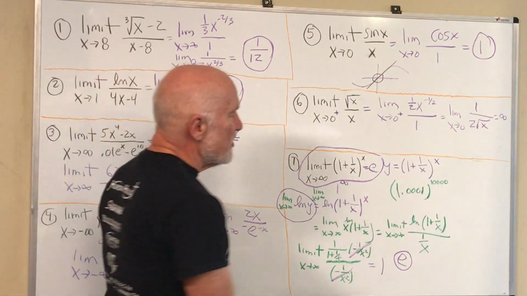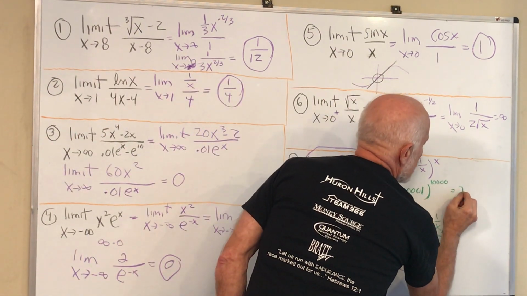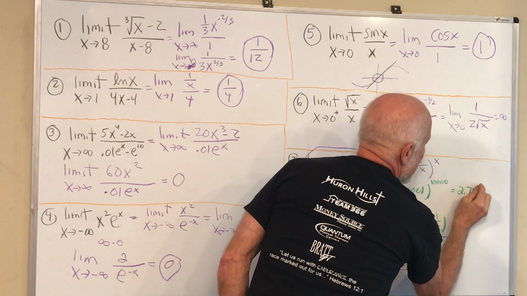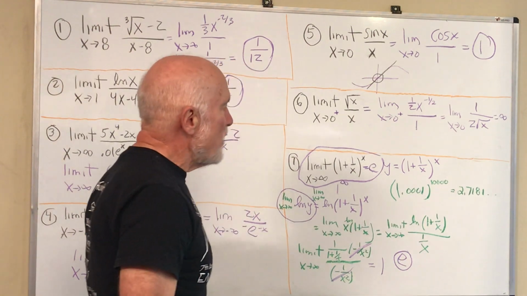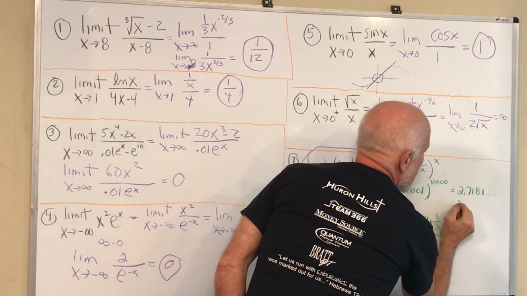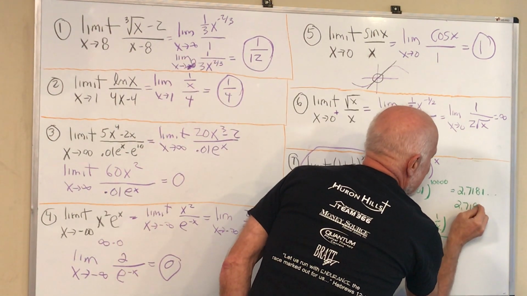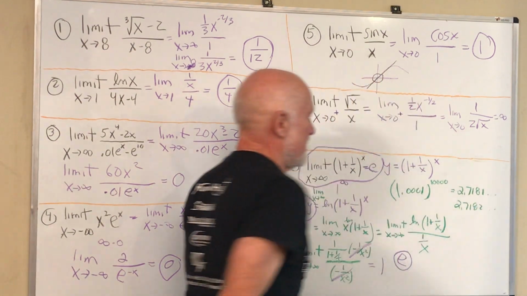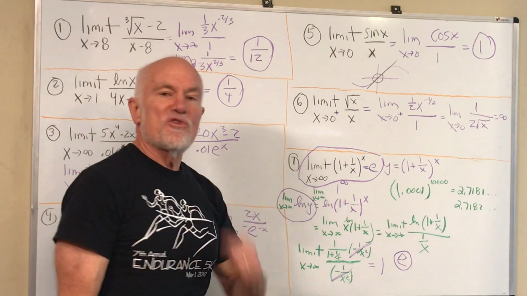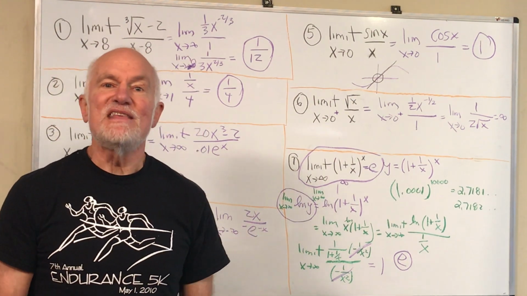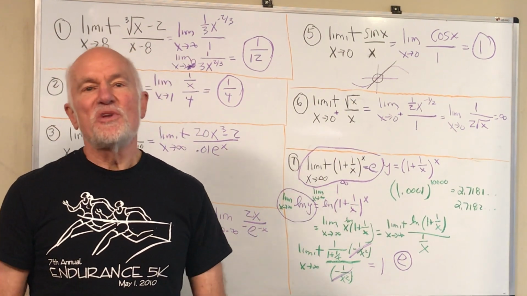And if you put that on your calculator, you get 2.7181. In actuality, e is 2.7182 something. And the bigger the value of x you pick, the closer you're going to get an approximation to e, that irrational number.